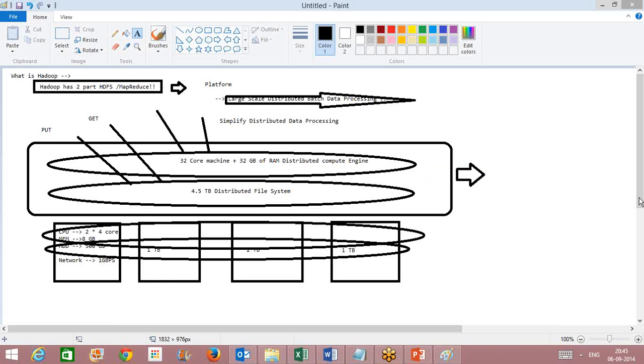A quad core processor minimum with at least 2 CPUs, so that means 8 cores per machine, and at least 2 hard disks of 2 TB or 1 TB. So that's the usual specification for a node in a Hadoop cluster. That's basically to give you a rough idea of how the hardware looks.